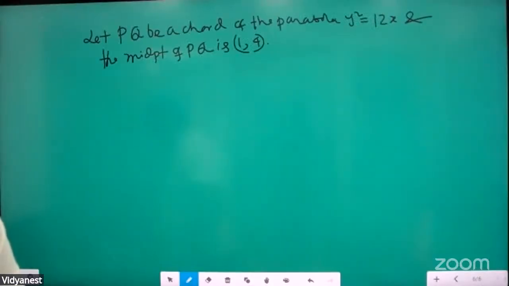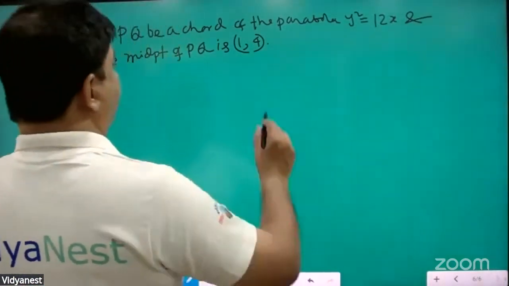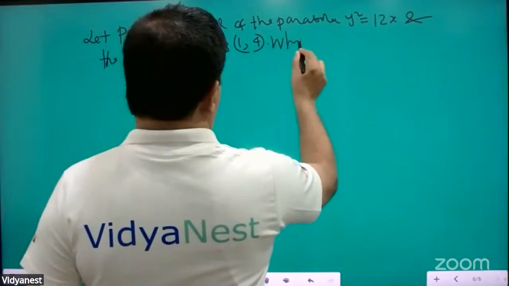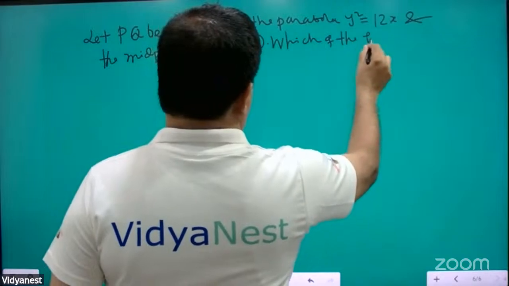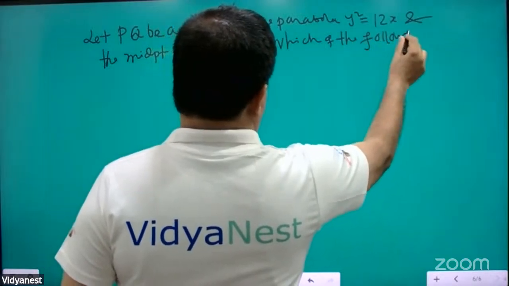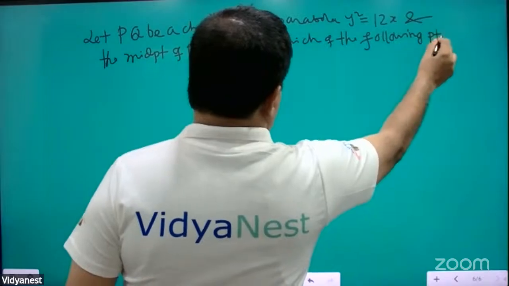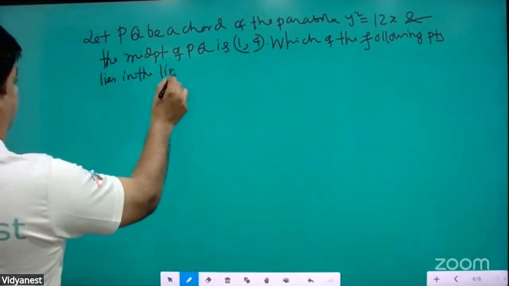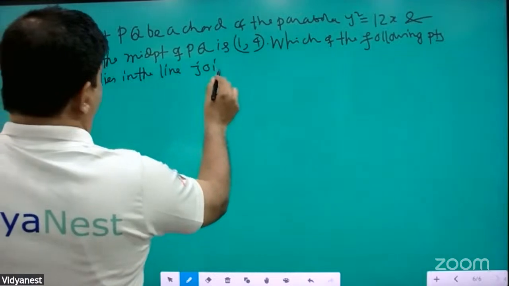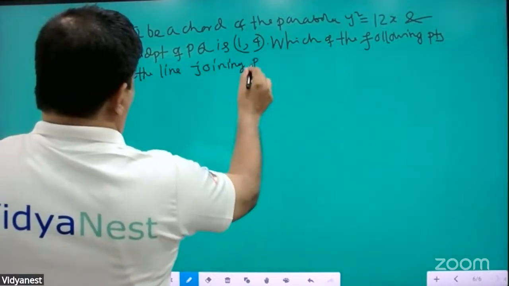Now, which of the following points lies on the line joining P and Q?